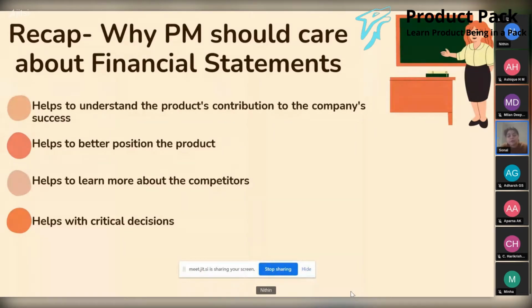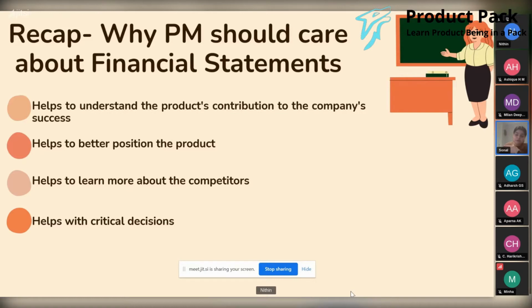Do you want to go ahead with further investment in the product? As a product manager, it's important to understand how much my product is financially contributing to the company's success, which I find more driving, especially when you are working on a financial product, because it's heavily revenue driven.